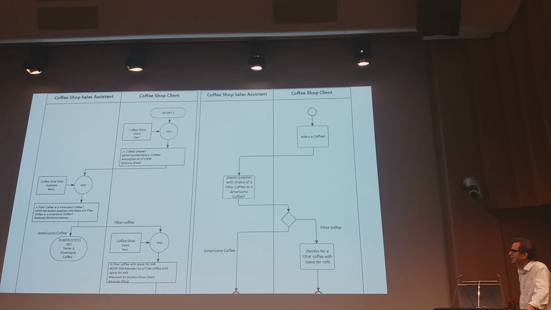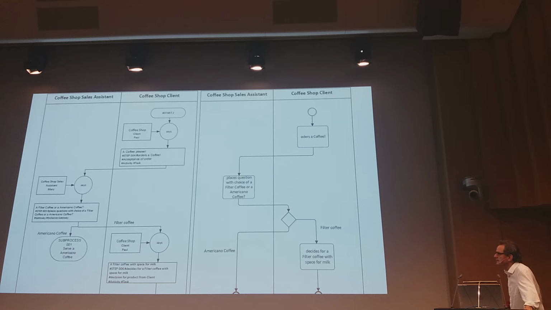Then we have the filter coffee: coffee shop client Paul says a filter coffee with space for milk. Step 006 hashtag decides for a filter coffee with space for milk. Then you have on the right side decides for a filter coffee with space for milk after the gateway.